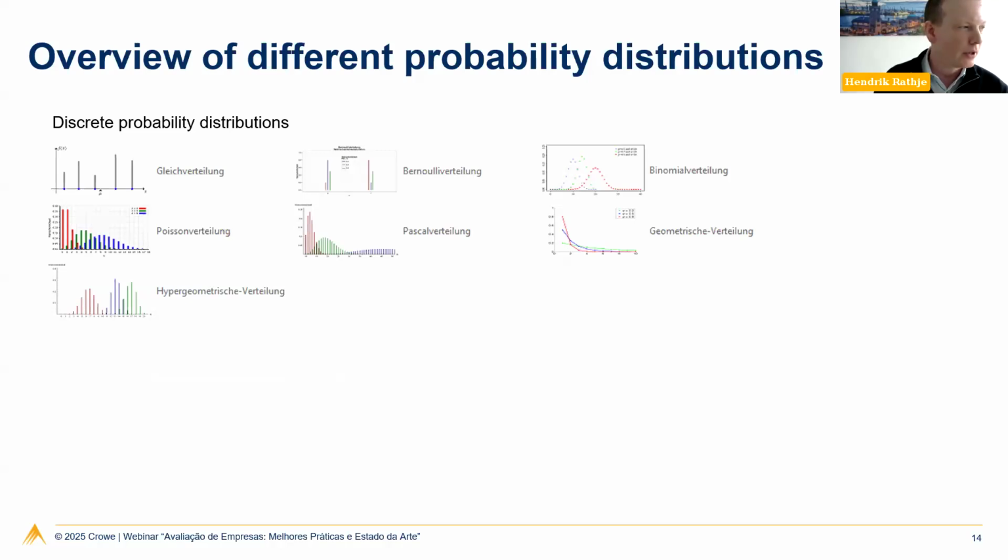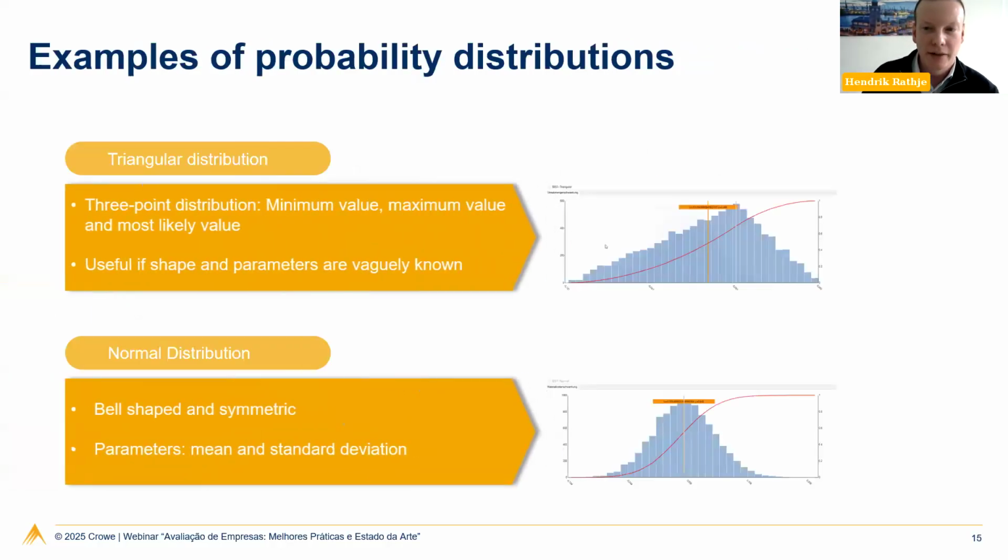That one would use. But for company valuation, 2 of the most frequent distributions on the next slide are these 2, which we see quite a lot. I think nearly everyone has already heard about the second one, which is the normal distribution, which is used very often in the context of stock market valuation and things like that.